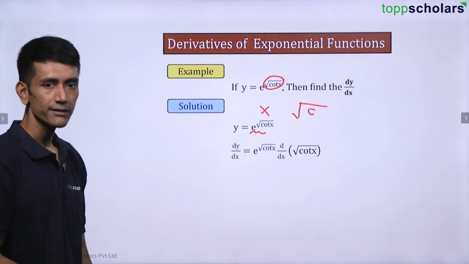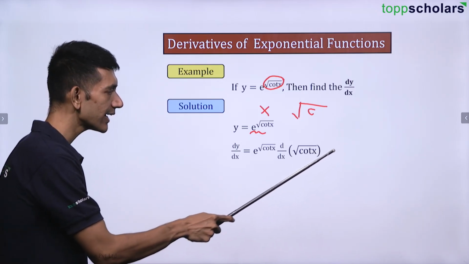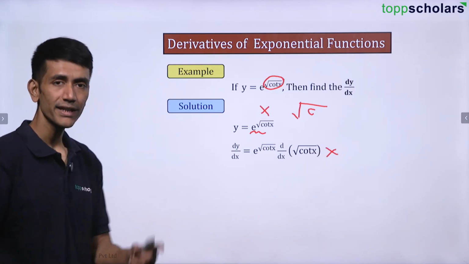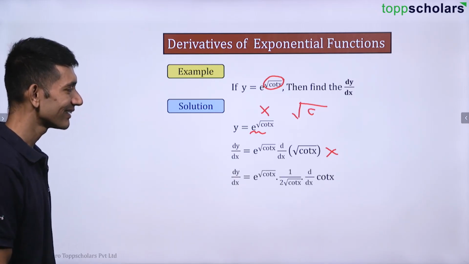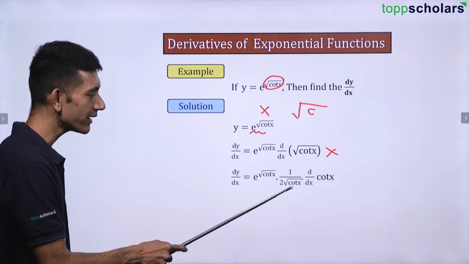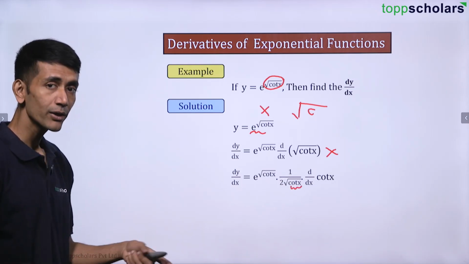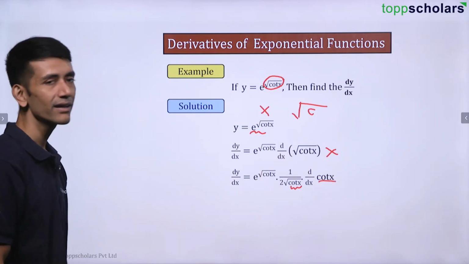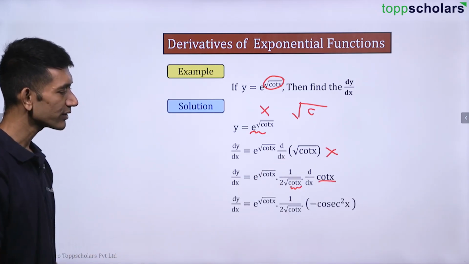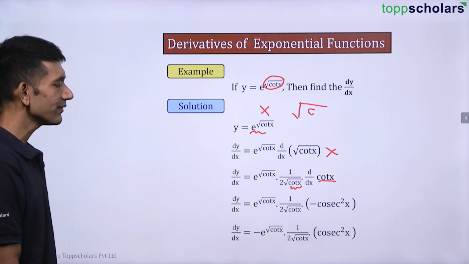Now under root cot x, again cot x is like your x. What is the derivative of under root x? 1 by 2 root x. So again do that. So that becomes 1 by 2 root x, which is 1 by 2 root cot x. But cot x is pending. So take the derivative of cot x again, which is minus cosec square x. And then this is your final answer.